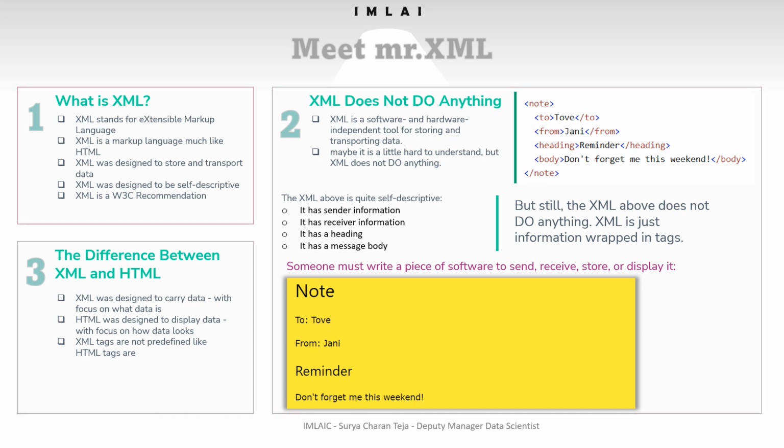XML also makes it easier to expand or upgrade to new operating systems, new applications or new browsers without losing data. With XML, data can be available to all kinds of reading machines like people, computers, voice machines, news feeds, etc., and the list goes on.